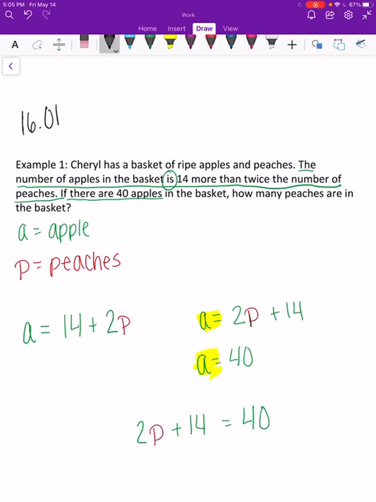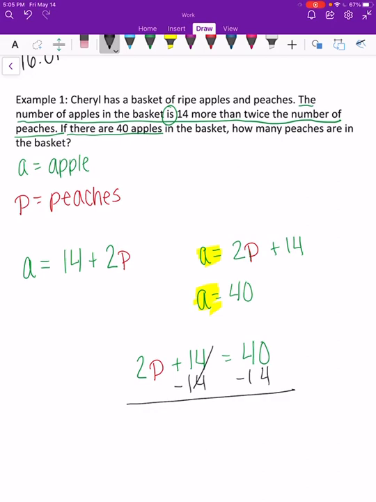So my first step is get rid of this plus 14. The opposite of plus 14 is minus 14. 40 minus 14 is 26. So I have 2P, or we can think of it as 2 times P, is 26.